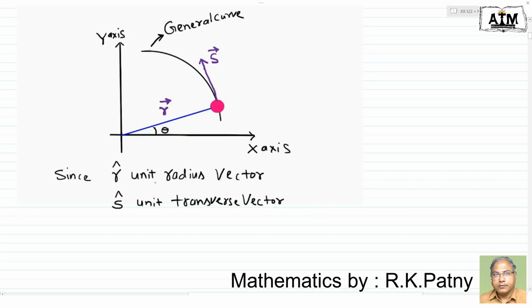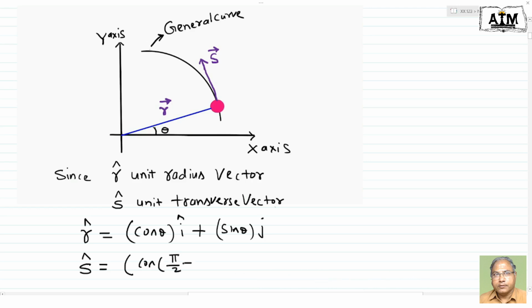Since R cap is the unit radius vector, it is given by R cap equals cos theta multiplied by I cap plus sin theta multiplied by J cap, and the transverse unit vector S cap, since it is at 90 degrees, is given by cos of pi by 2 plus theta I cap plus sin of pi by 2 plus theta J cap.